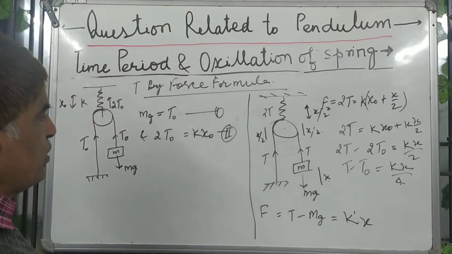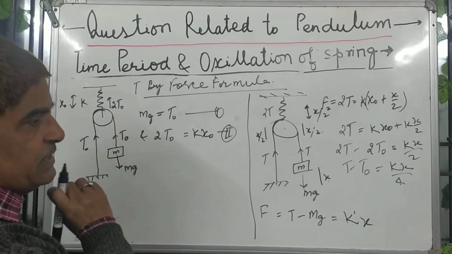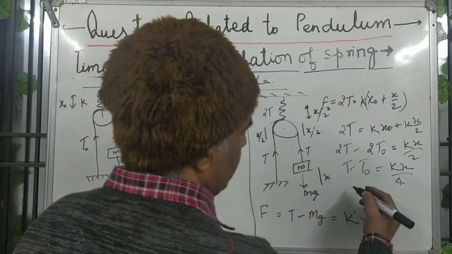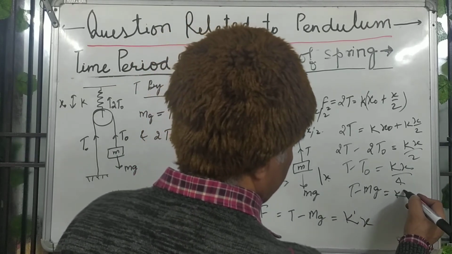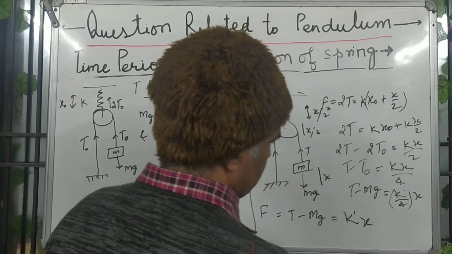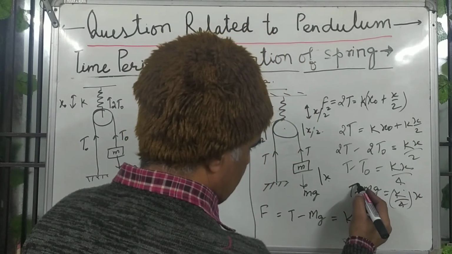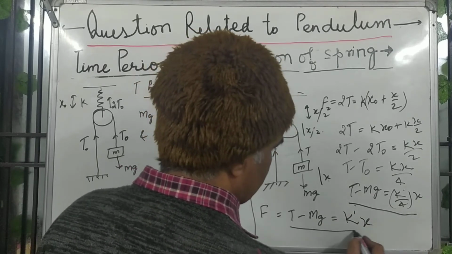And we know very well from over here that T naught equals mg. If you substitute, T minus mg equals k by 4 times x. So this equation T minus mg and the earlier equation are the same.